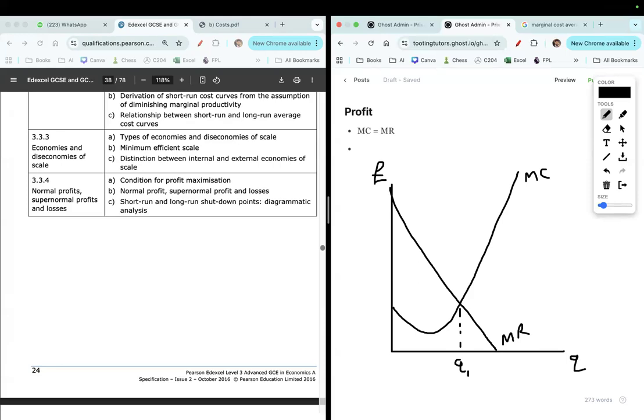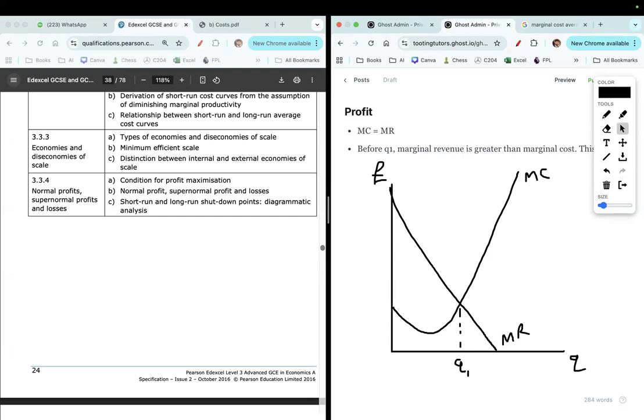And I'm just going to let you guys think for 2 minutes. Can you come up with any ideas or reasons why that might be the best point to produce? Okay, so the best way to describe it is to describe what's happening before Q1 and what's happening after Q1. So before Q1, marginal revenue is greater than marginal cost.